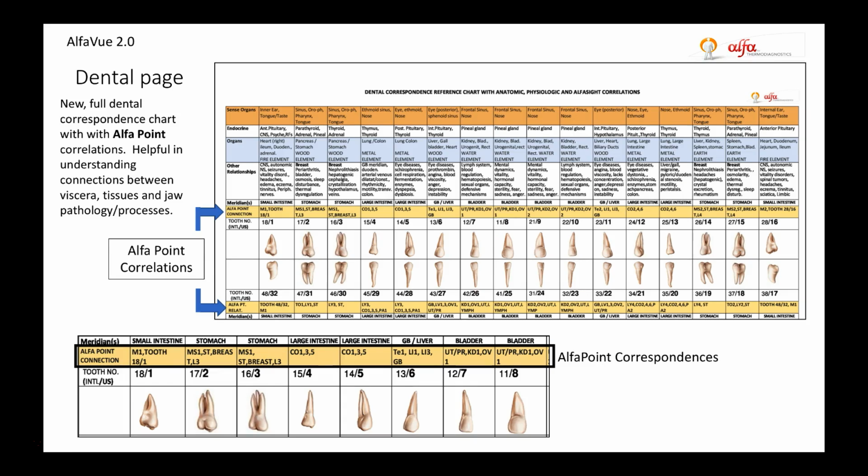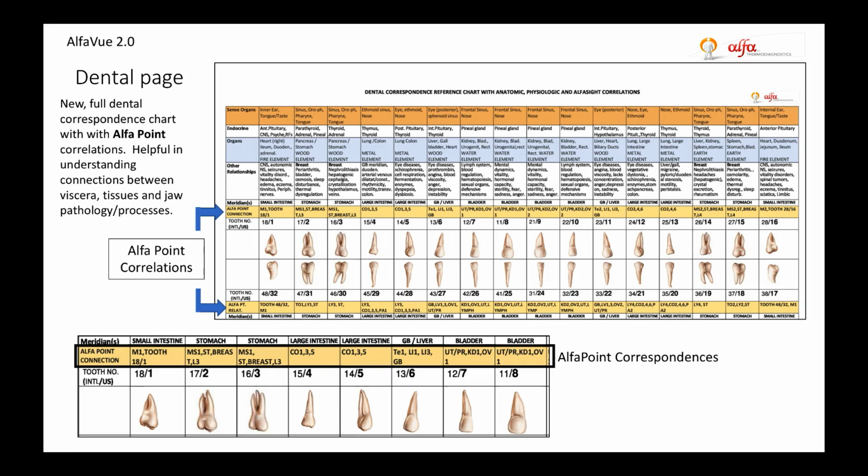Here in our tooth chart, we not only have the classical tooth chart with some upgrades to some of the things like acupuncture, Chinese medicine, wood, element, metal, water, fire, but we have the alpha point connections. So it tells us, does this tooth number 2 have a connection to the stomach point or to the maxillary sinus 1 point on the right?